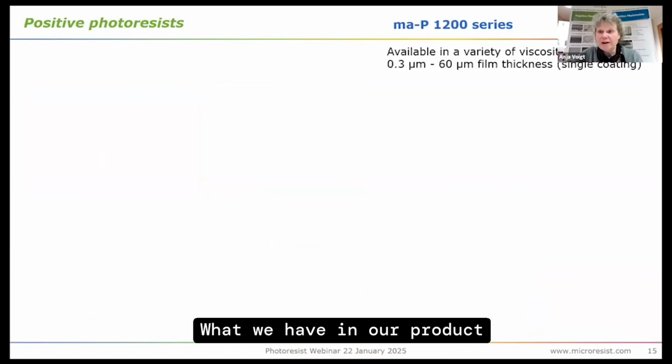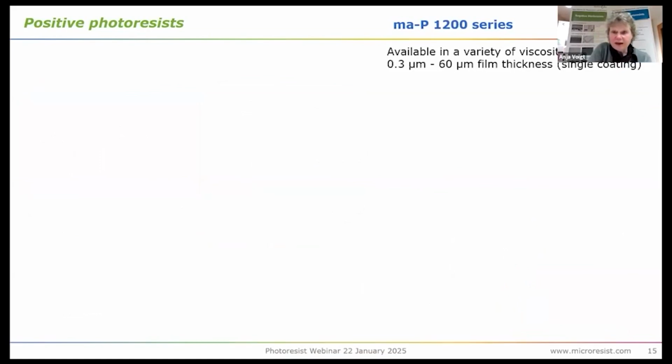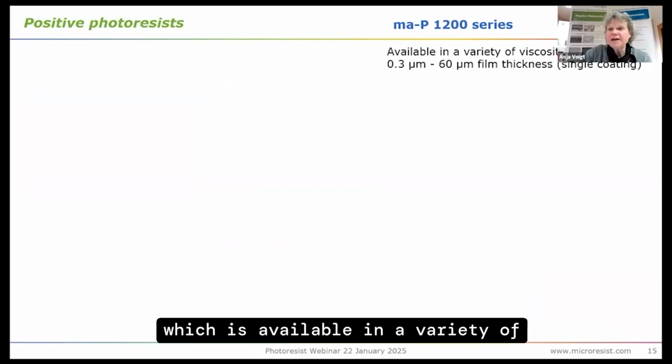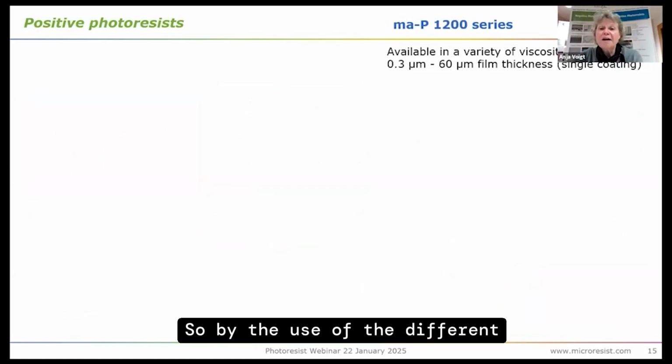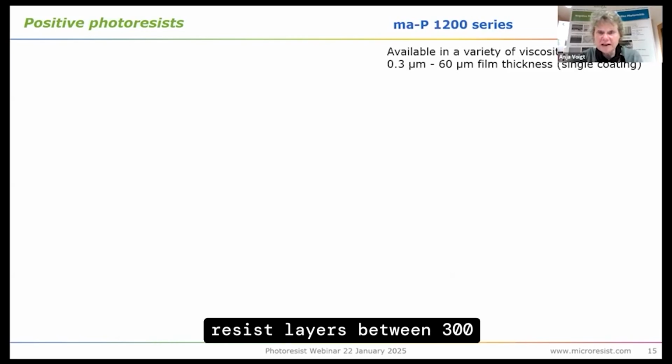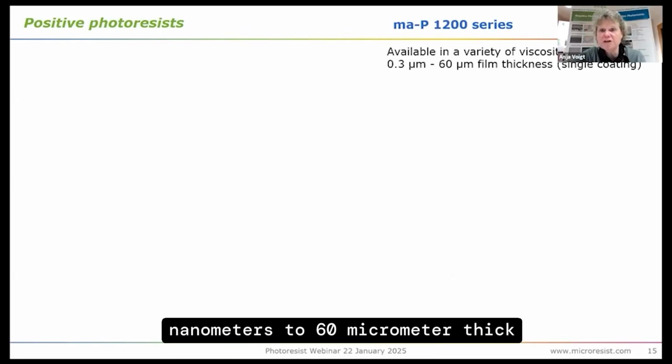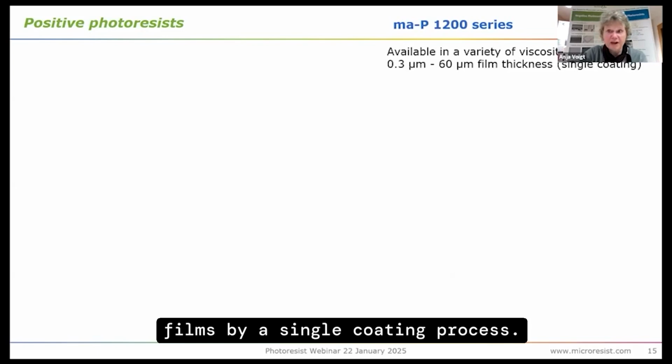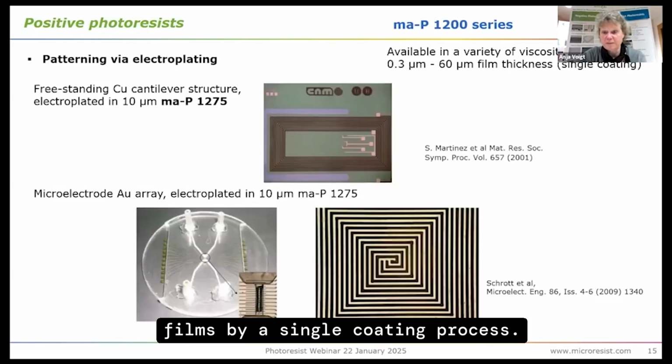What we have in our product portfolio is the MRT 1200, which is available in a variety of viscosities. So by the use of the different types, you can generate patterned resist layers between 300 nanometers and 60 micrometers thick by a single coating process.